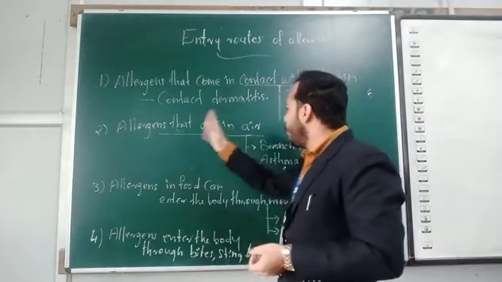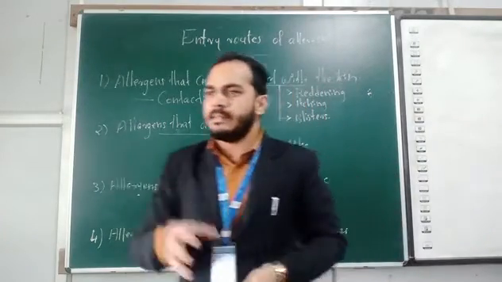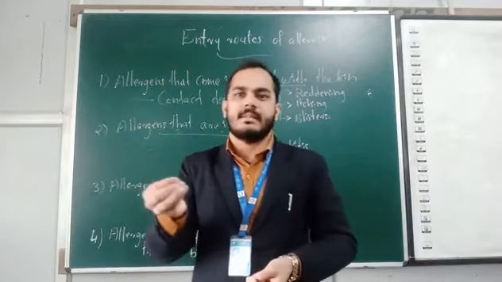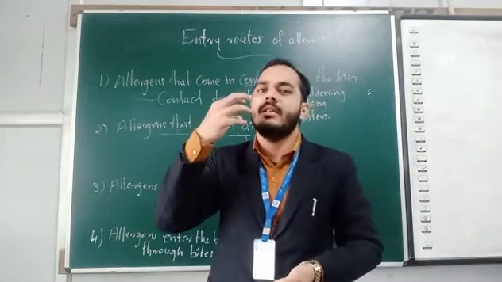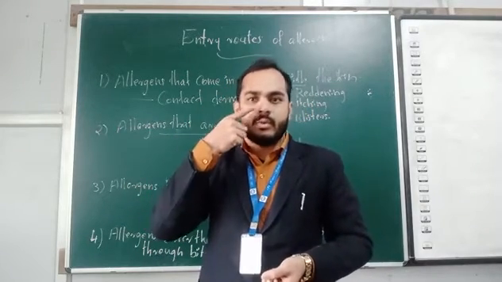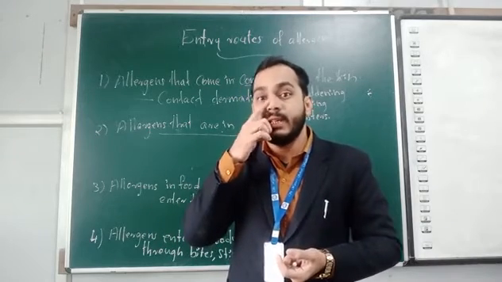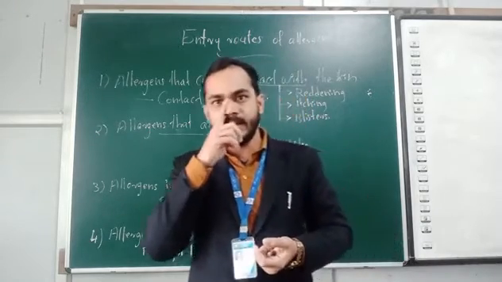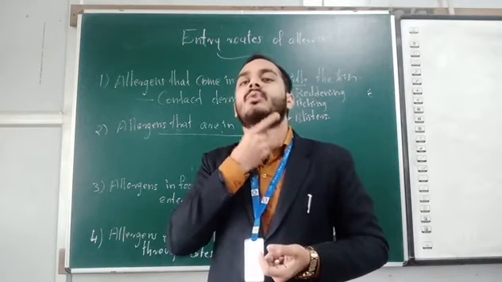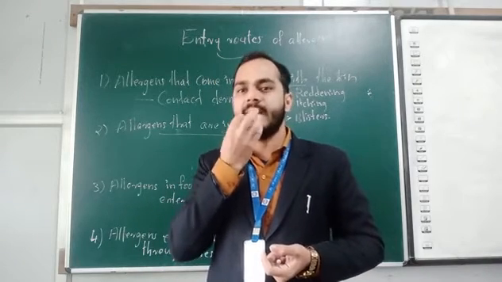So pollen grains or dust particles, some other chemicals, and other things also enter the body through the nose or through the mouth. What happens? It starts itching inside the body, meaning in the nose, sometimes in the throat and the tongue, and inside the mouth.